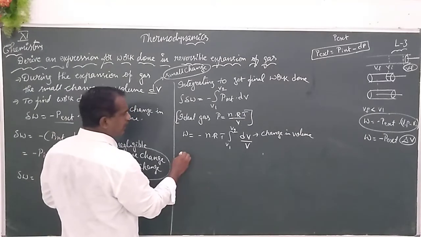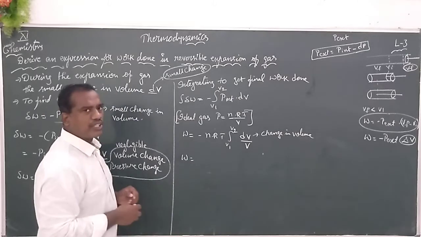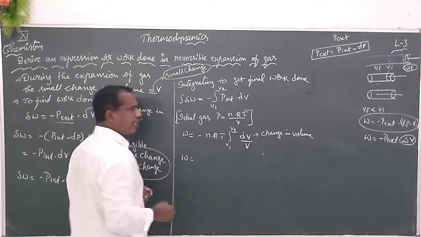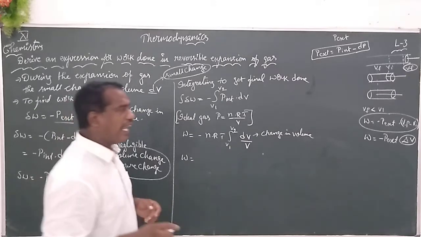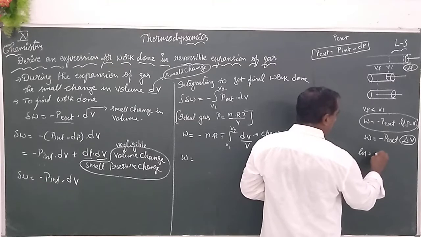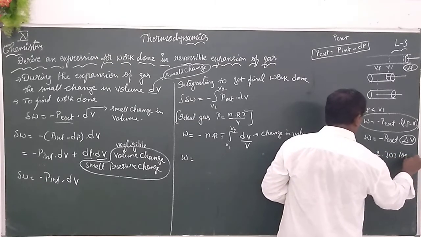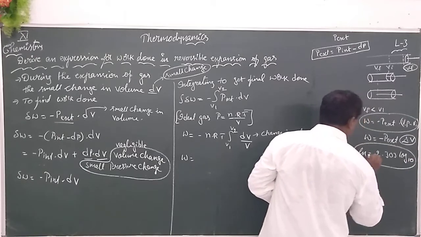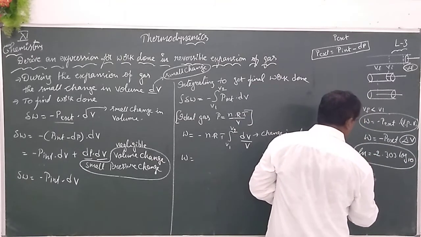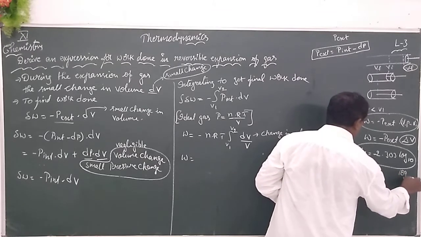We can write this equation as W is equal to, if you remove the integration, you will get it in the form of natural logarithm. The natural logarithm is in the form of minus 2.303 log base 10. Don't forget, this is called the natural logarithm form, and the next one is called the log base 10 form.